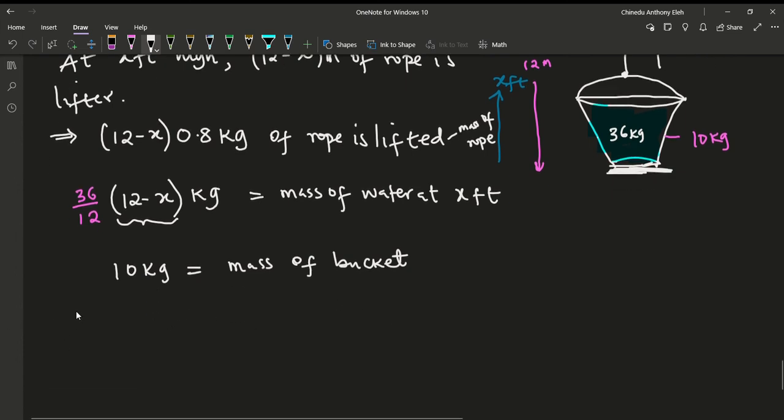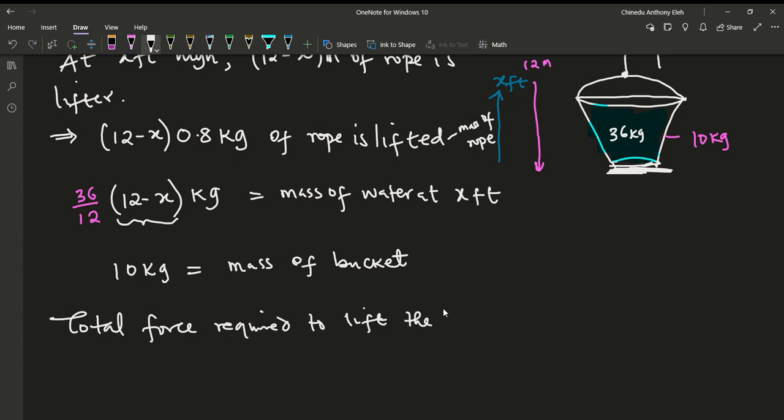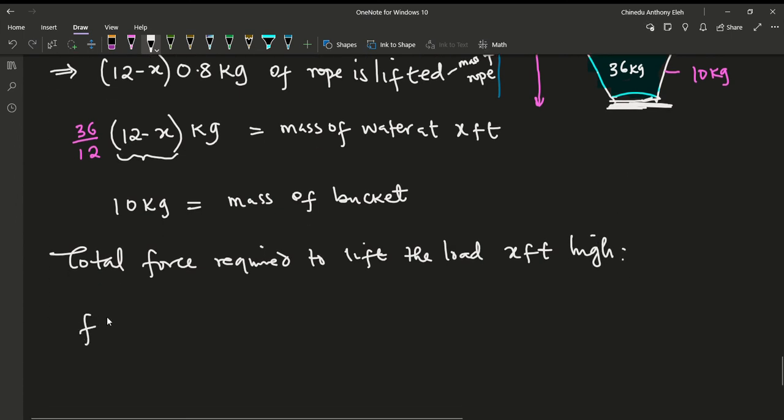So the total force required to lift the load x feet high will depend on x, and it will be what?